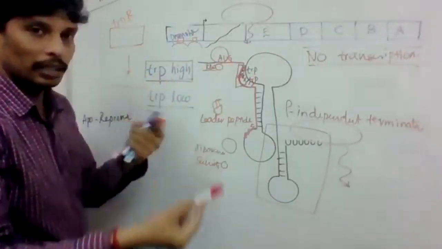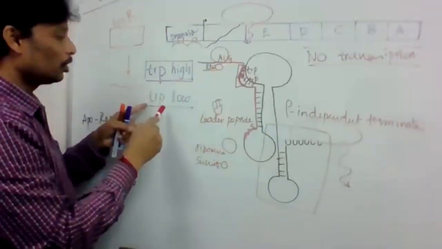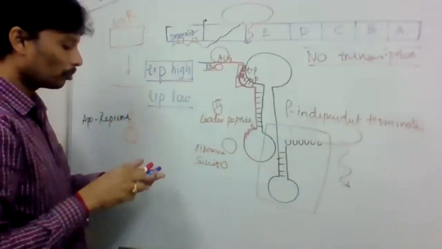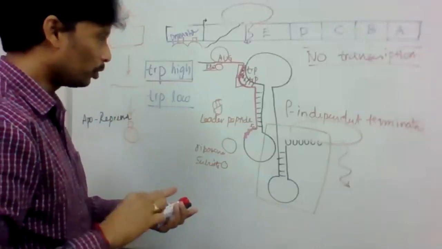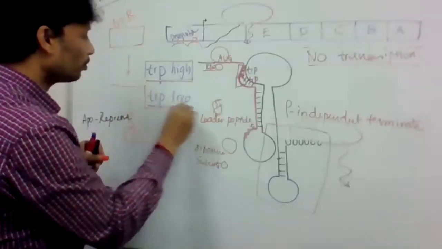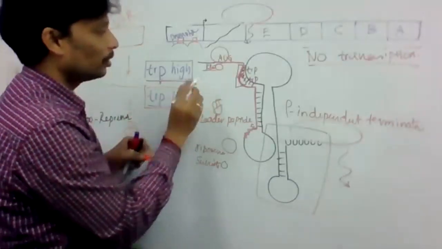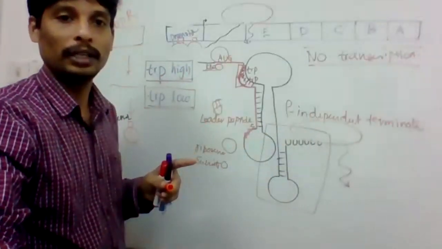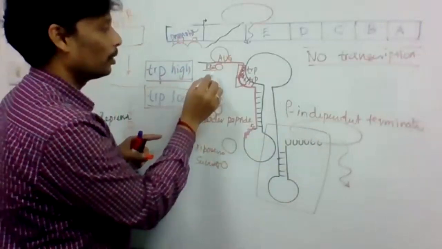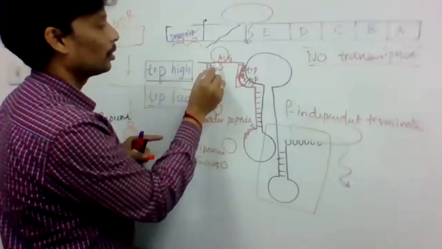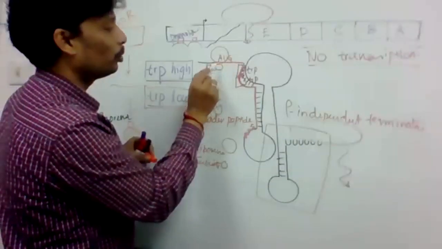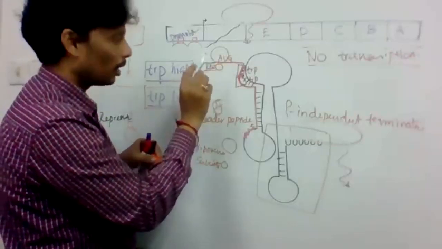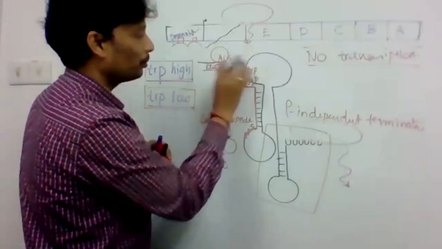So in the other condition, what happens? When tryptophan is low, of course, it forms the secondary structure similarly like this, but the ribosomes bind here, again the same, and keep moving.